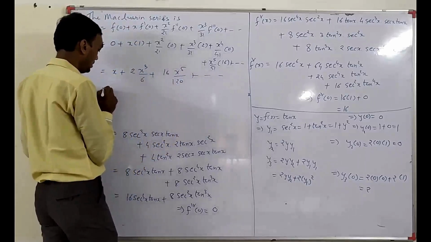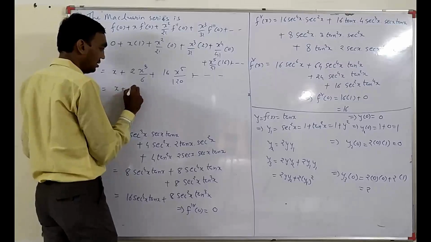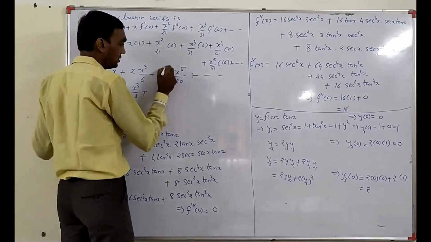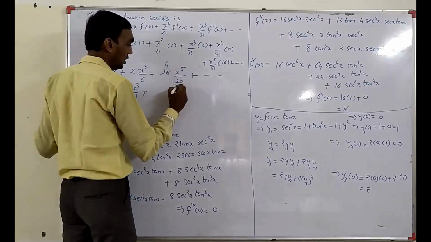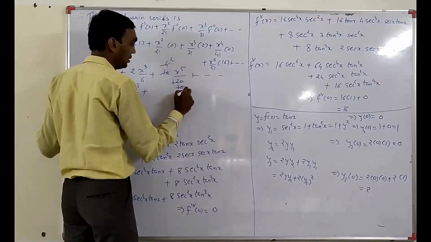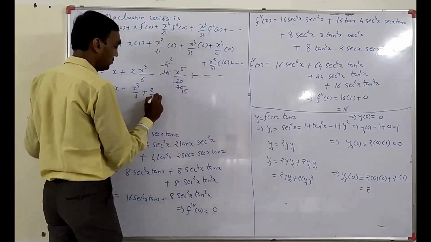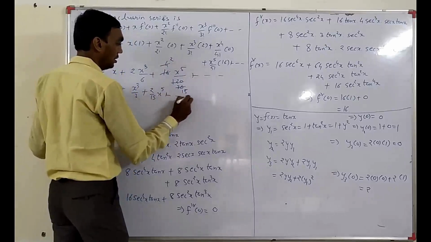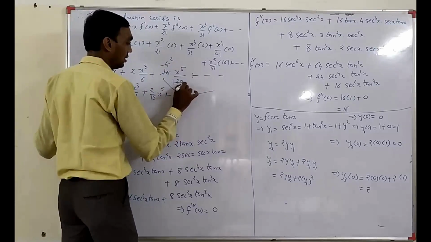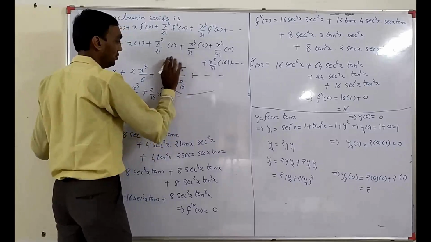So simplifying this one, that will be x plus x cubed by 3 plus, here you can cancel it by 4, then 4 30 is again cancel it by 2, so 2 by 15. So that will be 2 by 15 x raised to 5 and so on. Okay, so this will directly, 15, 8 if you are going to cancel it with a 15.